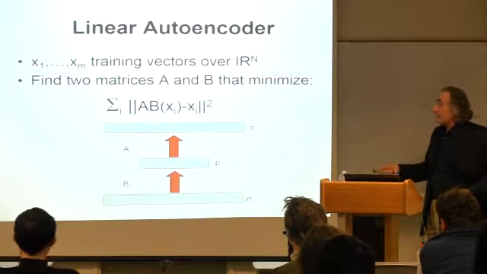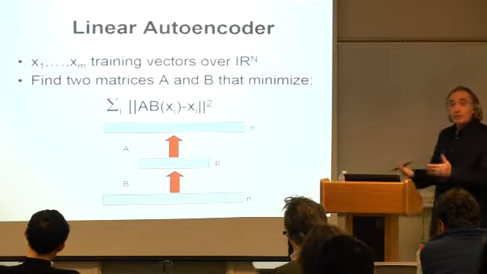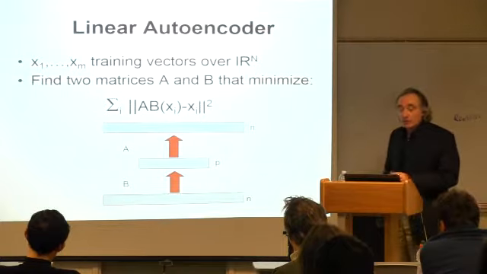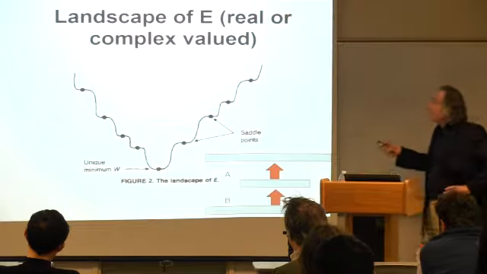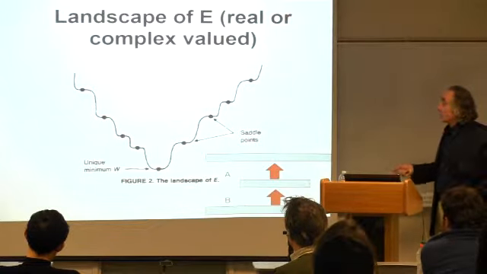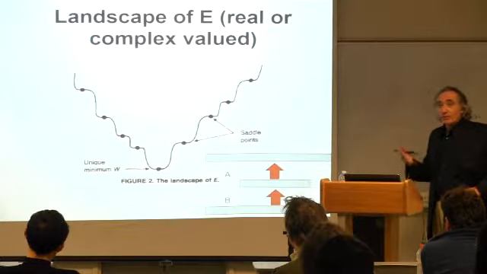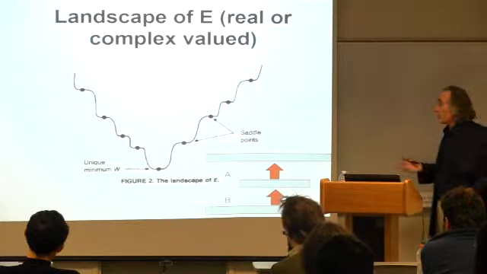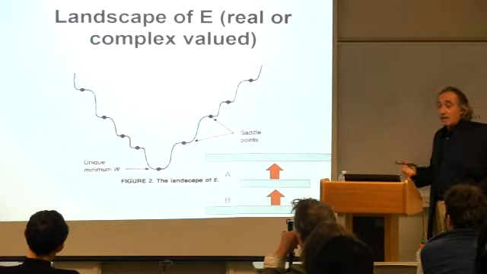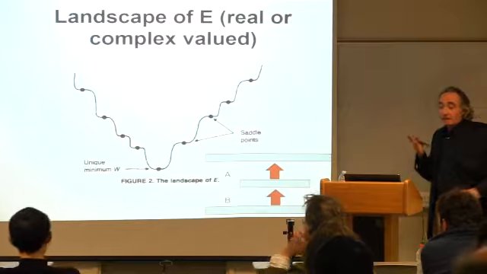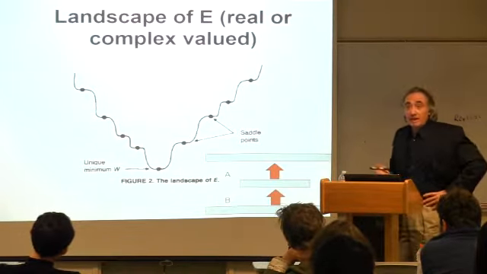However, if you fix A, it becomes convex in B and vice versa, and that's how you get your equations for the critical points, or for the solutions, and how you solve the linear autoencoders. It turns out that it has a very interesting landscape, where the global optimum is principal component analysis or singular value decomposition, whichever way you want to look at it. In the hidden layer you are basically projecting the data on the subspace spanned by the eigenvectors associated with the top P eigenvalues.